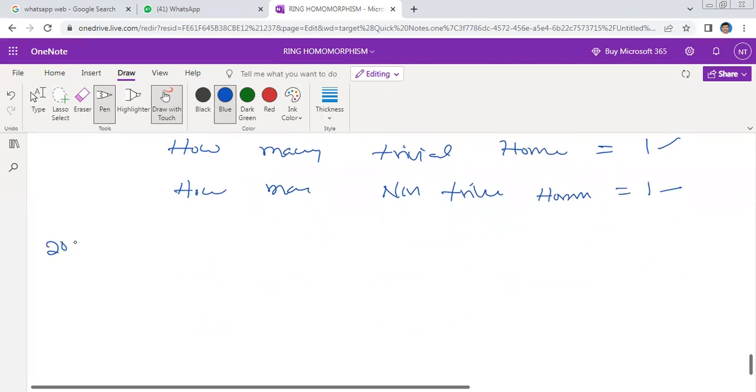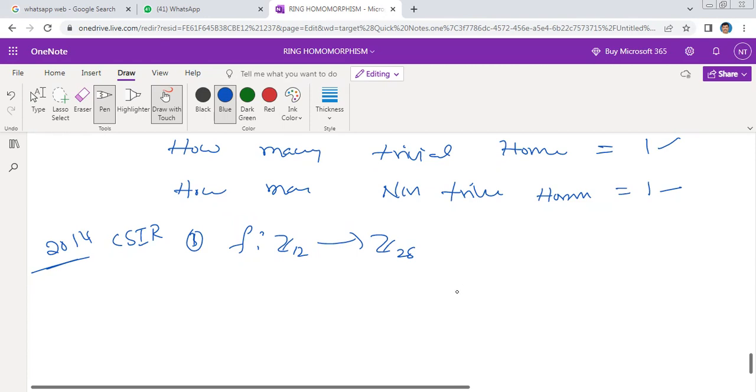Based on this, a CSIR question came in 2014. This is my question 3. Note down how the CSIR question in 2014 was asked. F is a mapping from Z12 to Z28.